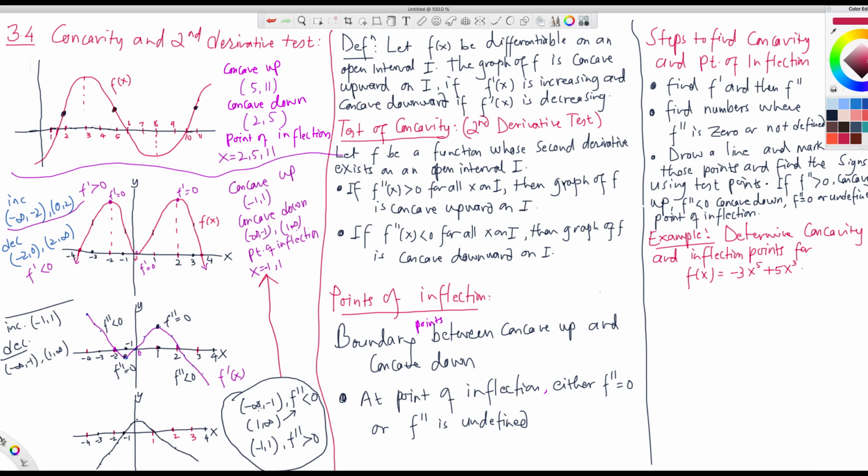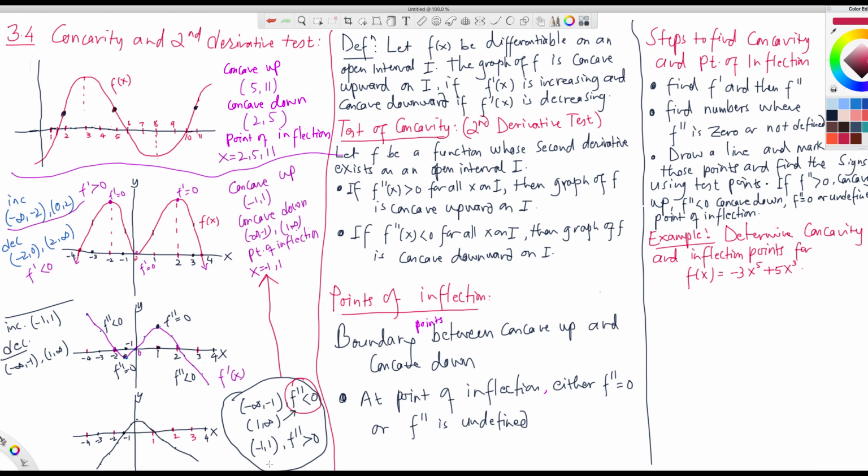Where is it concave down? The region where the second derivative is negative. If the second derivative is negative, then the graph is concave down in the same region.